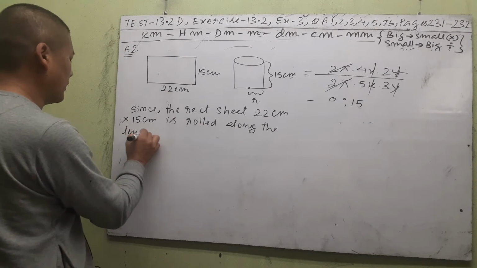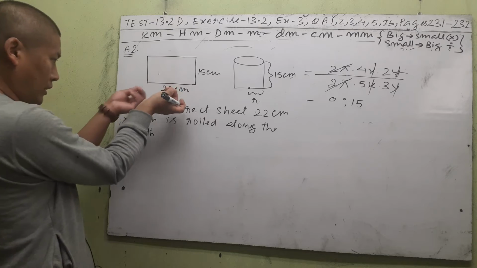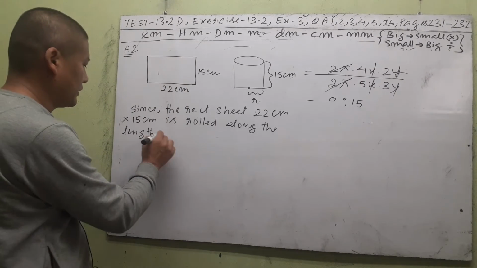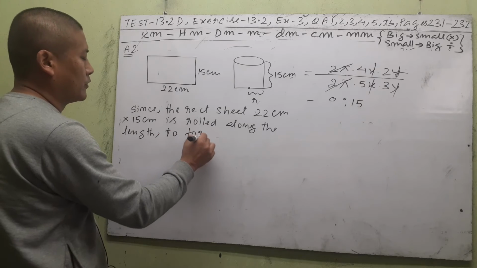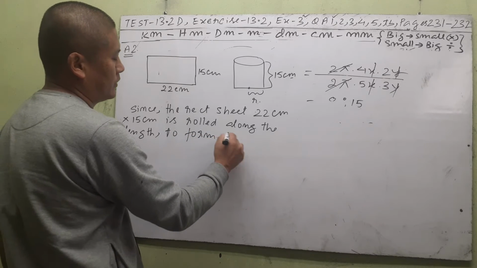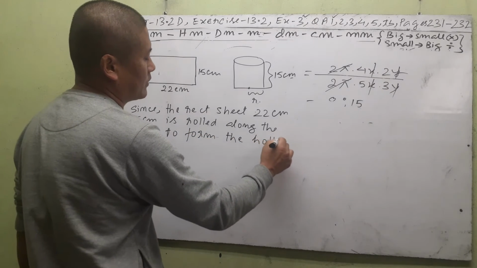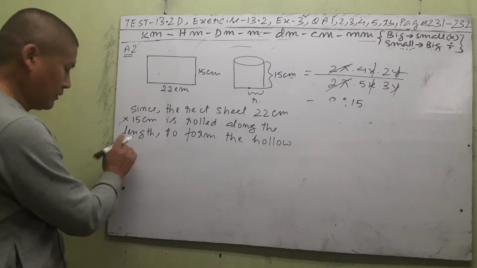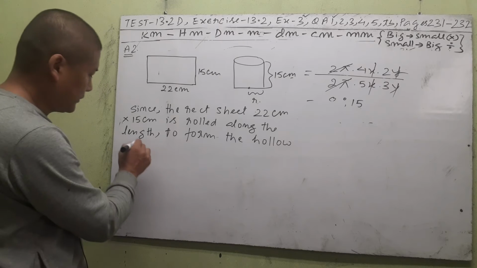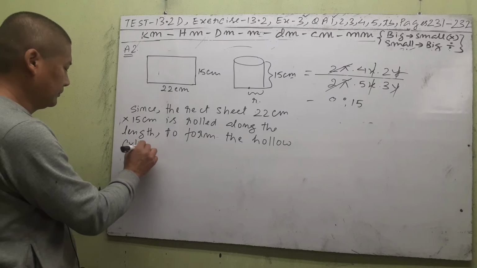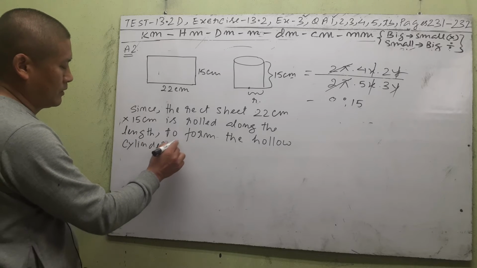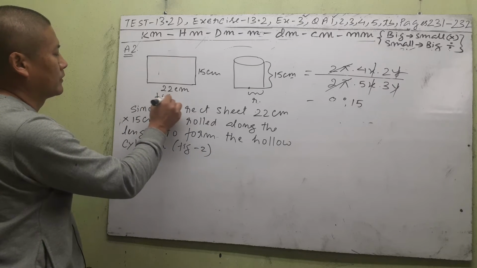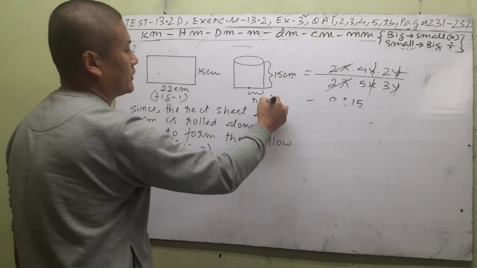Along the length means along the longer side, which is 22, to form a hollow cylinder. To form the hollow means both ends are holes, they are not closed. Hollow cylinder as shown in figure 2, let us say. This is figure 1 and this is figure 2.